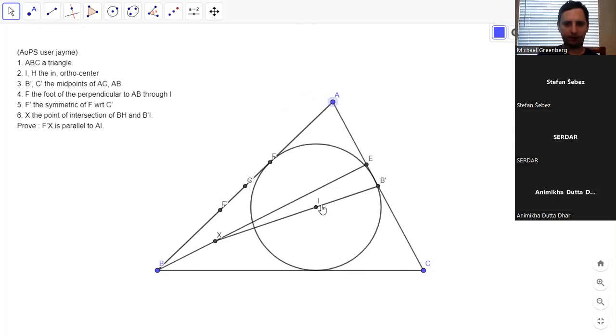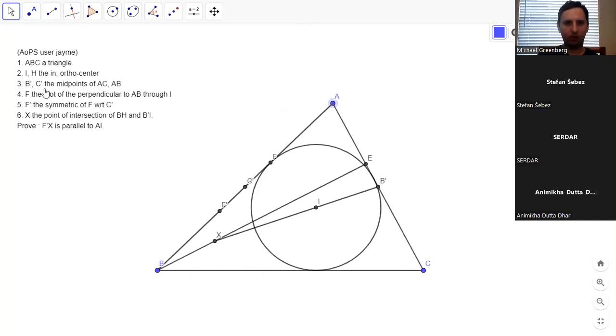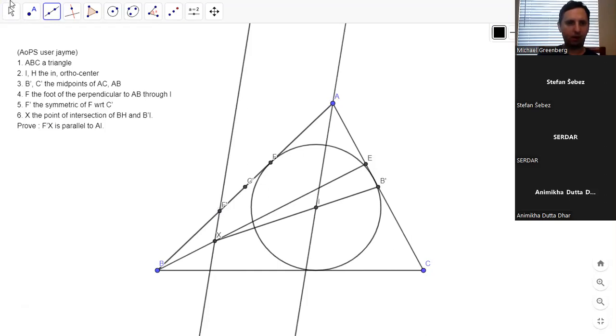But it looks like... Can you check the problem, if the problem is true? Oh. Because it looks like... Let's see.